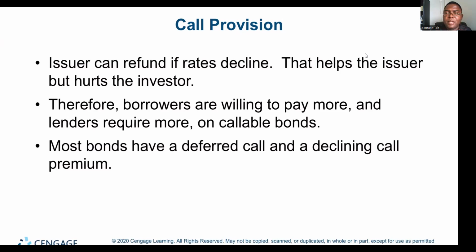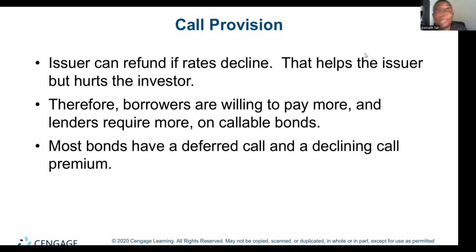If interest rates drop and they keep making that payment, then they can be paying something that is higher than what the market is offering. So they can decide to exercise their call provision by paying off the principal and then getting a cheaper, lower rate in the market. So it makes refinancing possible.